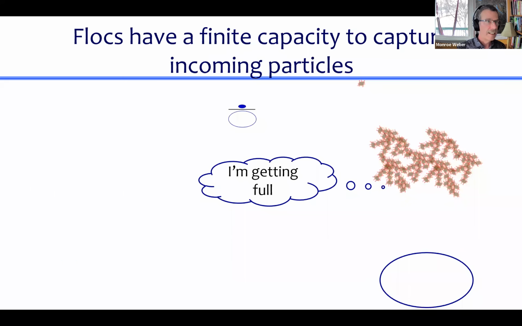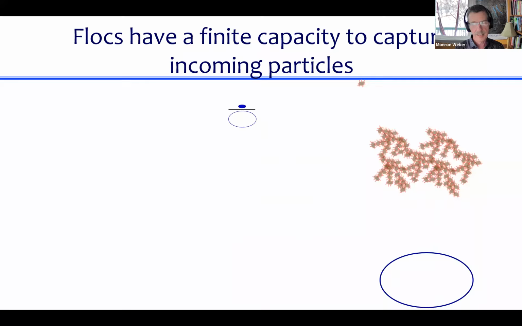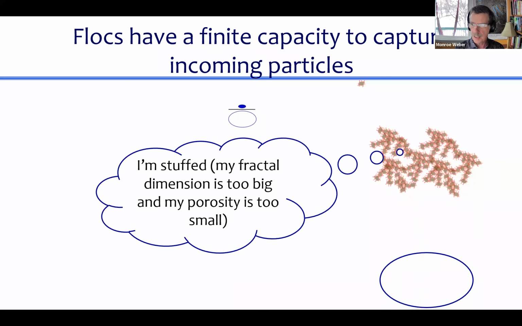And now the floc apparently has some human characteristics, and it's feeling full. So the floc is like, oh man, I've just eaten a lot of clay. I'm feeling full. Another clay particle comes in, and it goes into the floc and gets caught. Another one goes in and gets caught. And the floc is saying, oh my goodness, I'm stuffed.